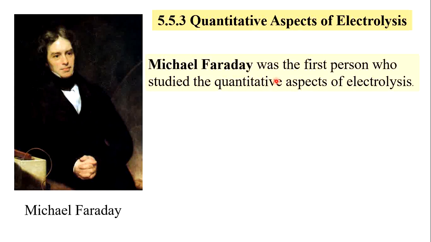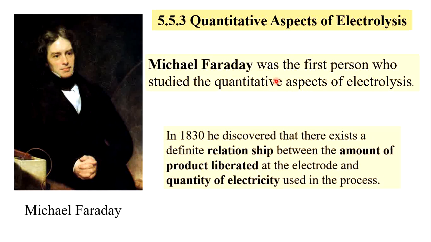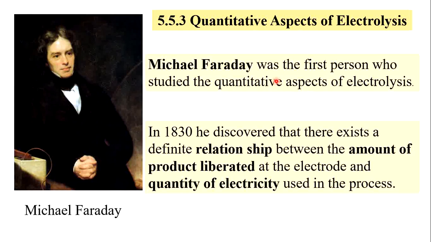Scientist Michael Faraday was the first person who studied the quantitative aspects of electrolysis. In 1830, he discovered that there exists a relationship between the amount of product liberated at an electrode and the quantity of electricity used in the process.